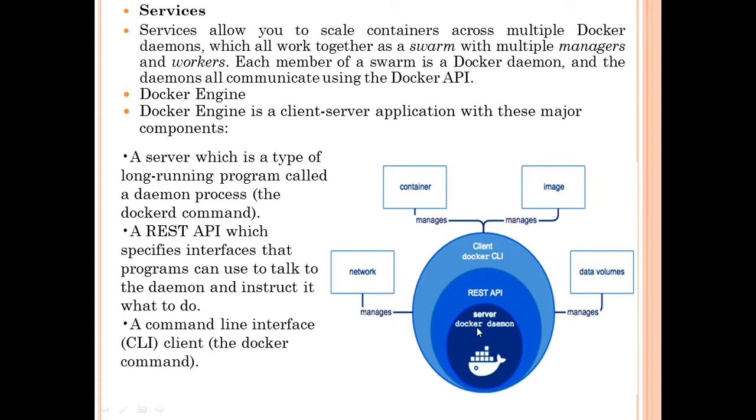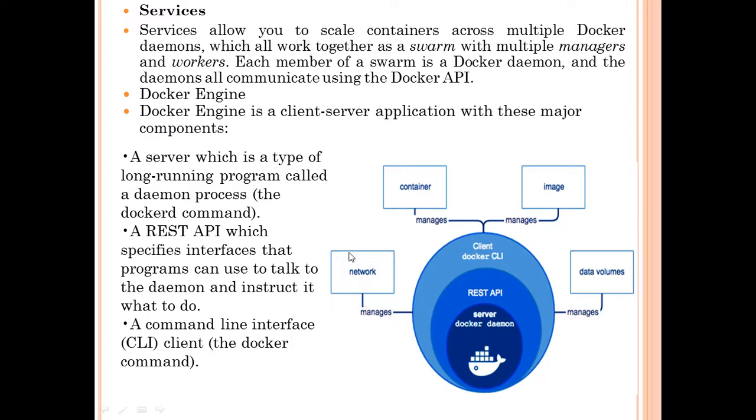So let us see this. This is the Docker daemon, which is actually running, which is a server. How to interact with it: with the use of REST API. If both your client and Docker daemon are on the same system, it is fine. If they are not, they can interact with REST API. Then we have the client, Docker CLI, which is Docker's command line interface, which you need to access.